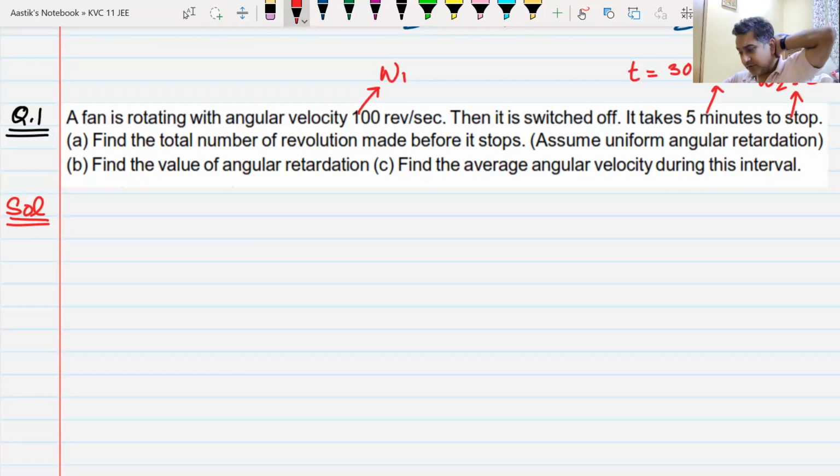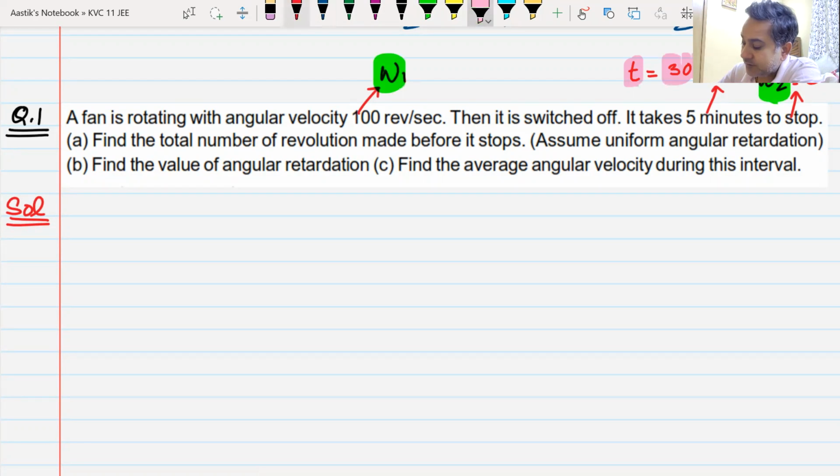Find the total number of revolutions that are made. You can use different equations. Which different equations can you use? You know omega 1, you know omega 2, you know time.